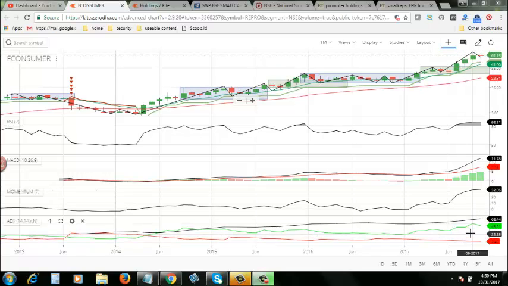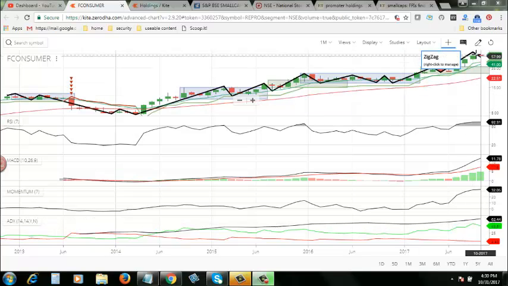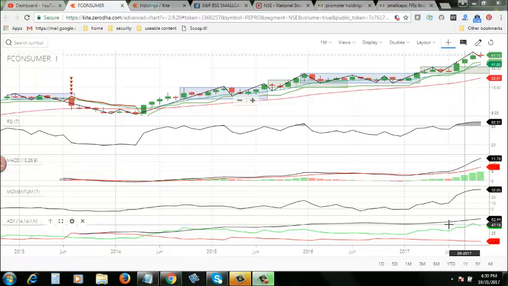And now look at the ADX. The green line is on top of the red line, and the green line is slightly converging. Actually, it is coming down. Now look at the direction and strength of the stock. The direction right now is going down, and the strength of that direction is increasing.